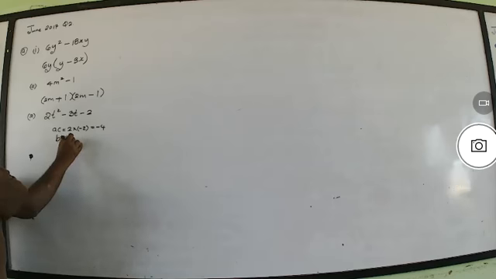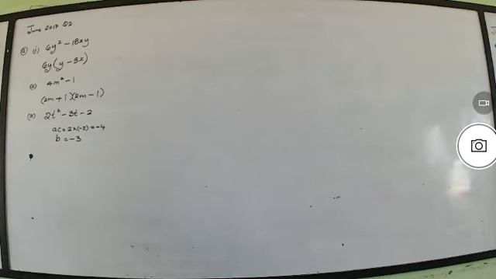B is equal to minus 3. To factorize, I must split the middle term and factorize by grouping. To split the middle term, I need to find two numbers. When I multiply the two numbers together, I get what? When I add the same two numbers together, I get what?